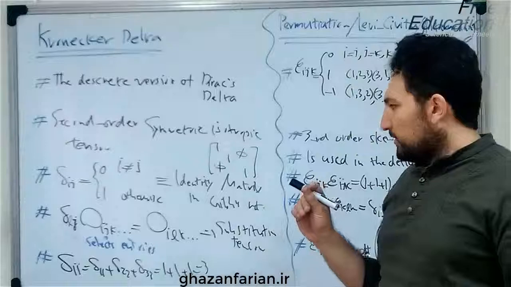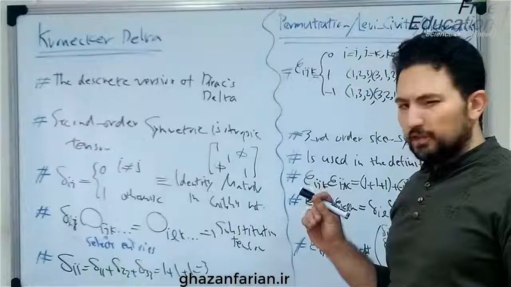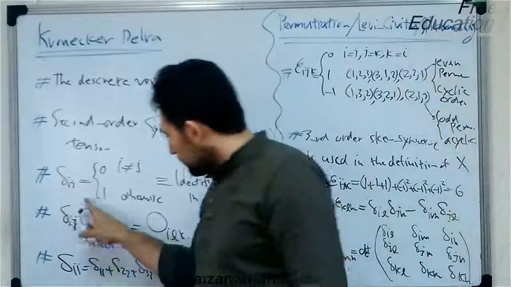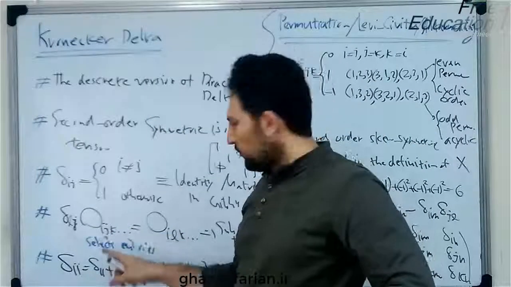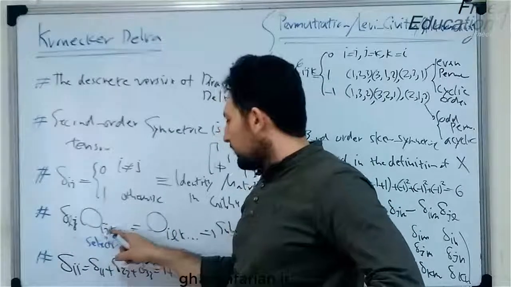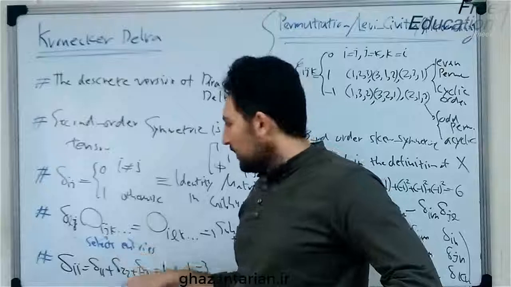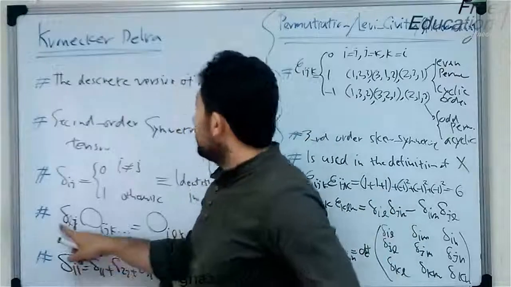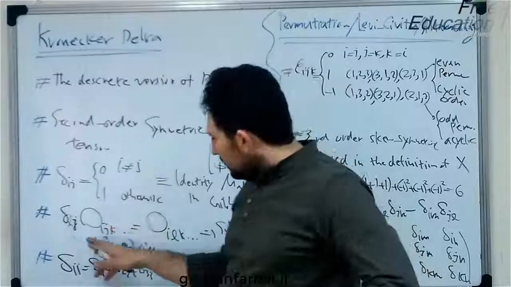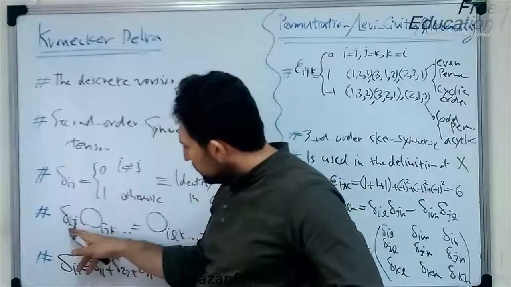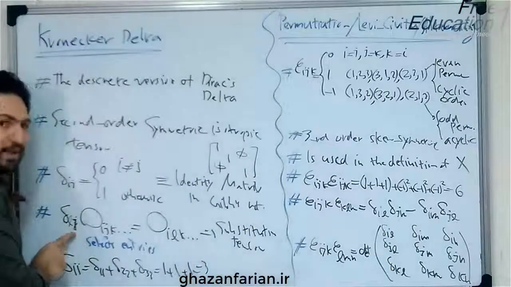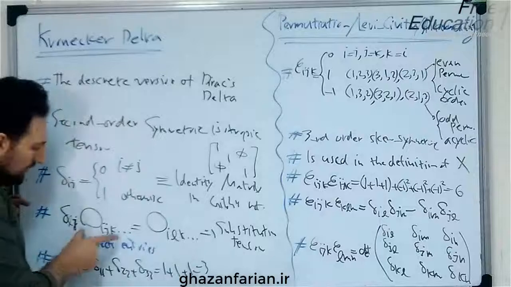Another important characteristic of the Kronecker delta is when a tensor of any order... You see, this circle is an arbitrary tensor. The indices are i, j, k, etc. When the Kronecker delta is multiplied by an arbitrary tensor, and the indices of that delta function are l and j, you have to find the second index of the delta in this tensor.